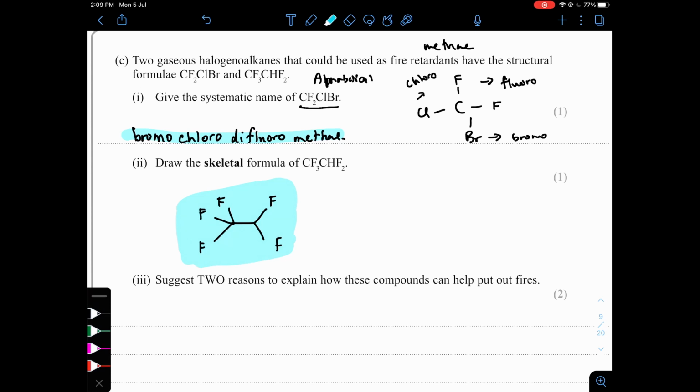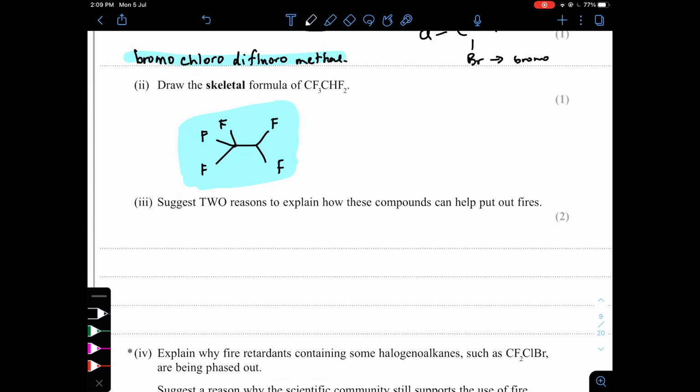Alright. So it asks for 2 reasons how these compounds can help put out fires. So what do you think these compounds do?